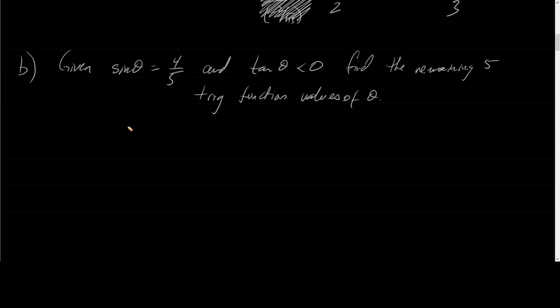Well, let's think about what it's saying. This is saying that we've got some angle where sine of that theta is equal to 4/5. Since 4/5 for sine, remember that sine was equal to y over r. That tells us that we're going to have two possibilities here.